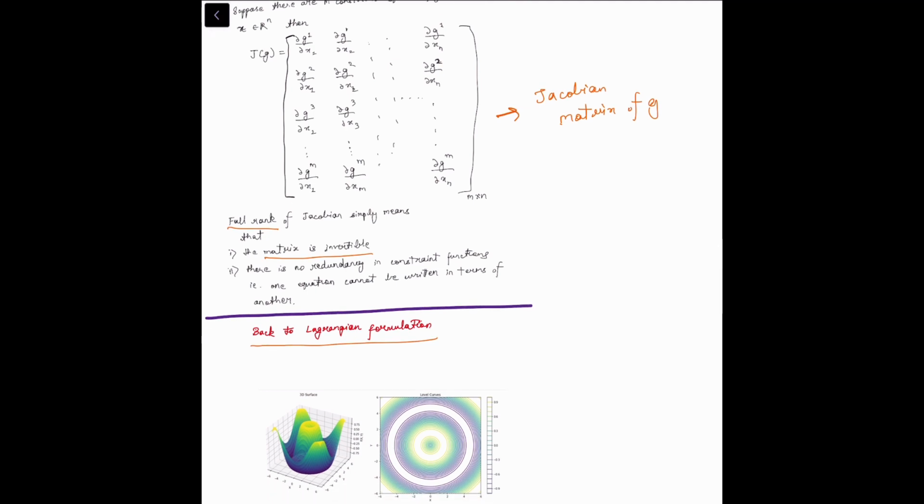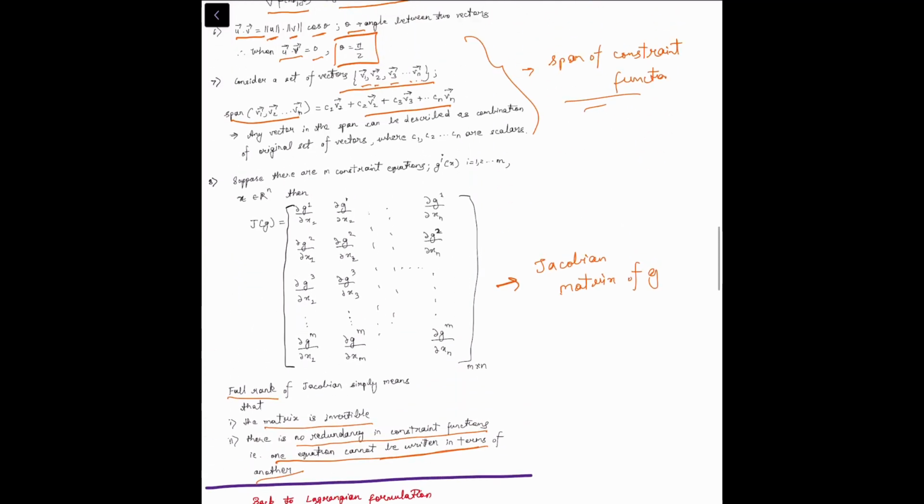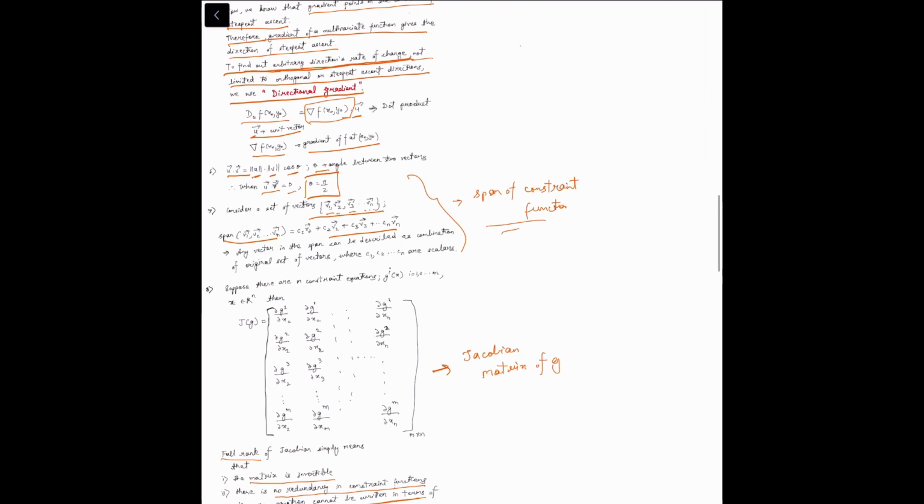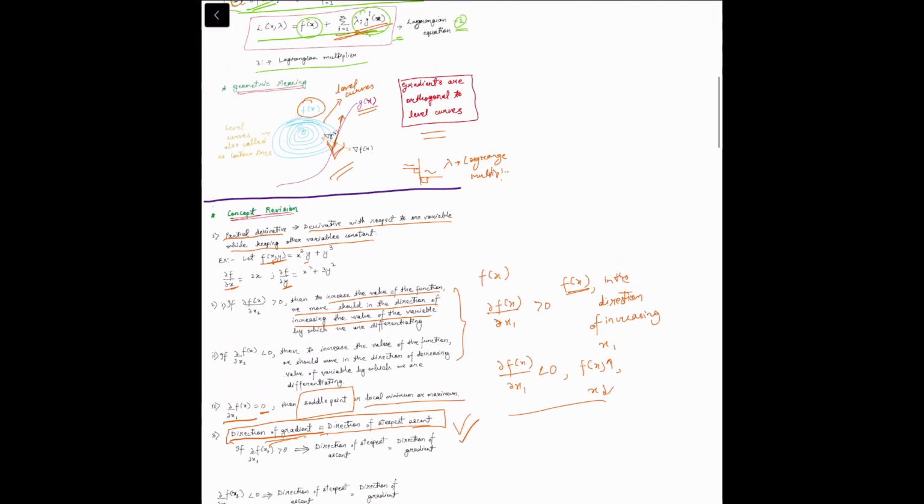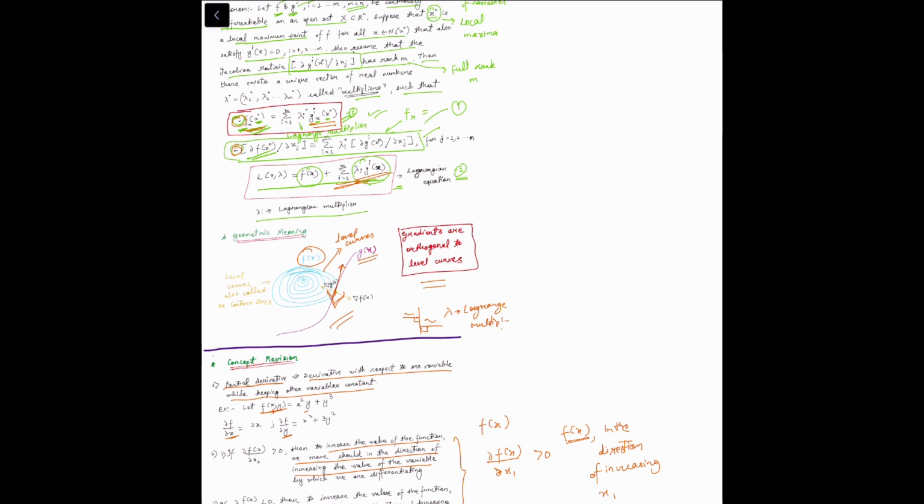And why do we assume these two things? Because we want that there should be no redundancy in constraint functions. That means one equation cannot be written in terms of another. So using all these concepts, we can easily explain that gradients are orthogonal to level curves.